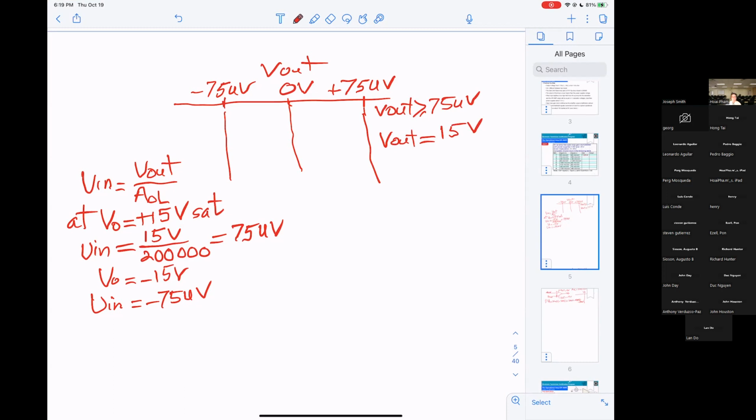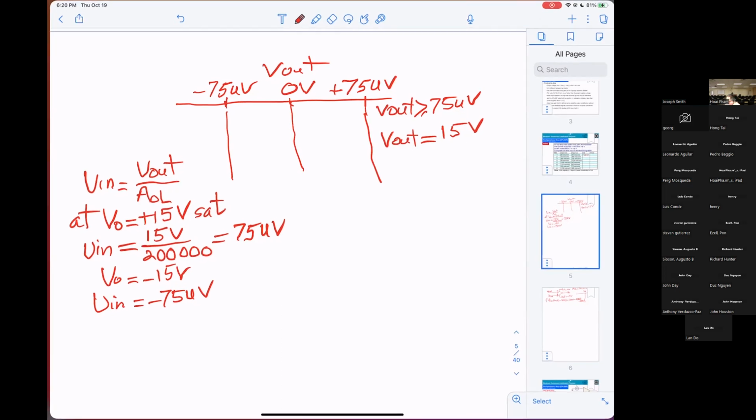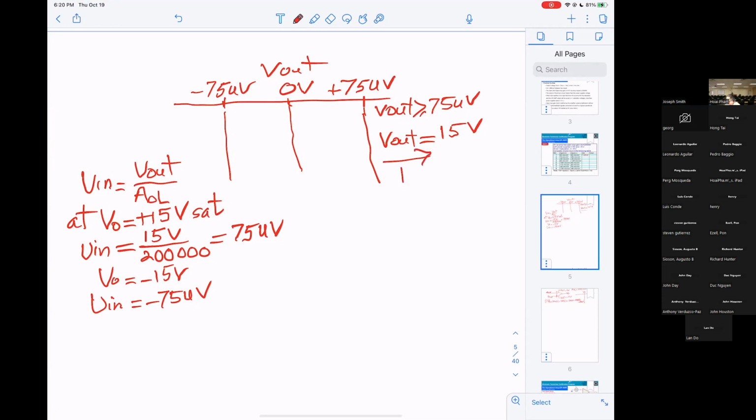What they're telling you is that any output higher than the limit has to be saturated, at or less than here. This is a plus V saturate.